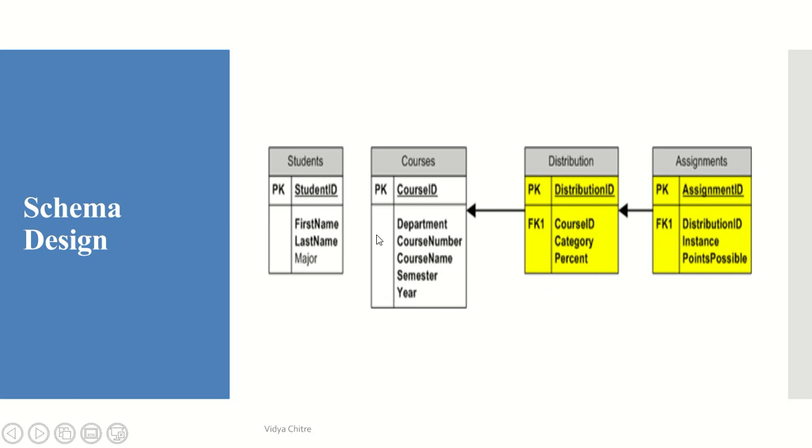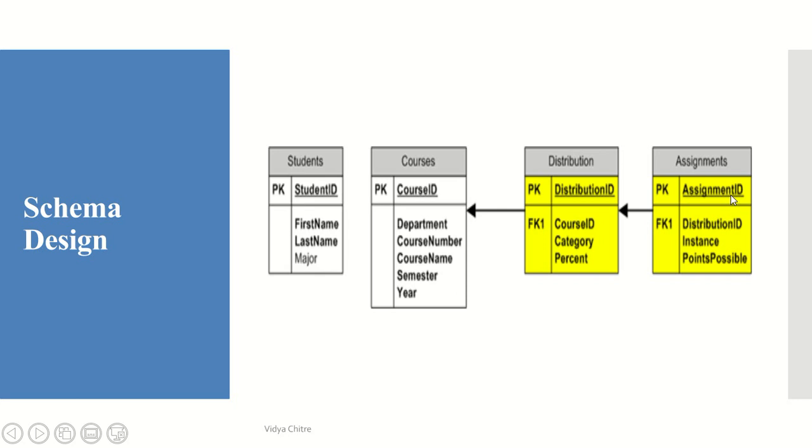That's why, when we are considering the distribution table, since that is a weak entity, the partial key of the distribution is distribution ID, whereas the course ID is the entity on which this distribution is dependent. So primary key of the courses is considered here as a foreign key. So total combined key of the distribution is distribution ID plus course ID.